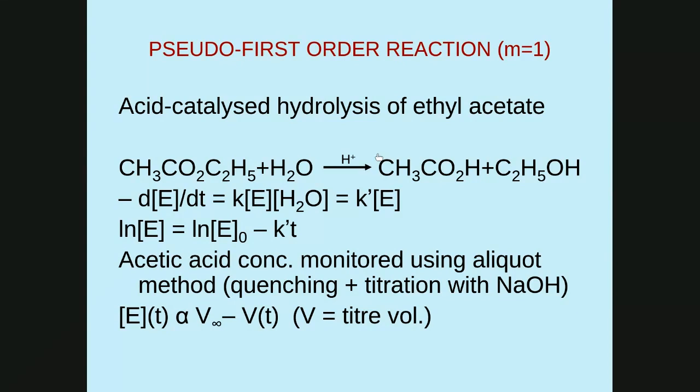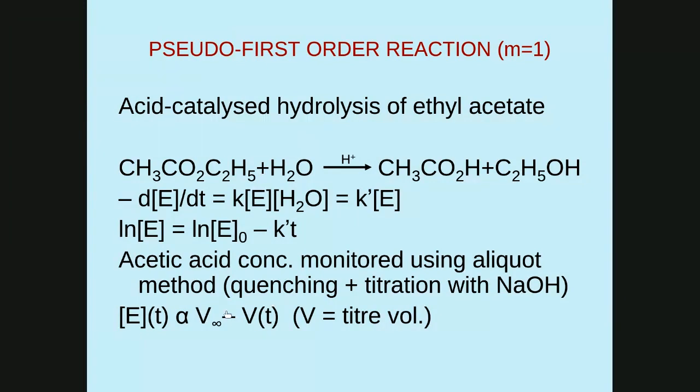The titer volume tells you how much acid has formed, or conversely, how much ethyl acetate has been lost, right? So that is what the V at t measures.